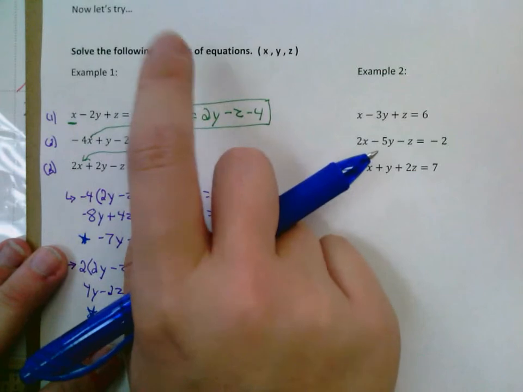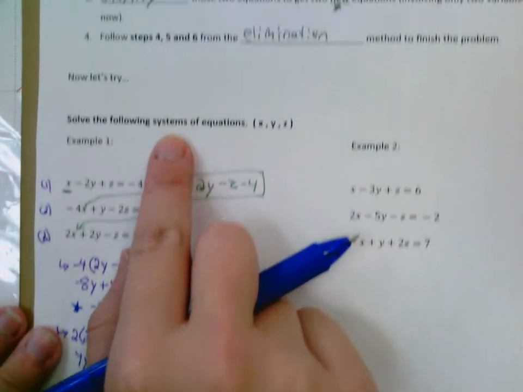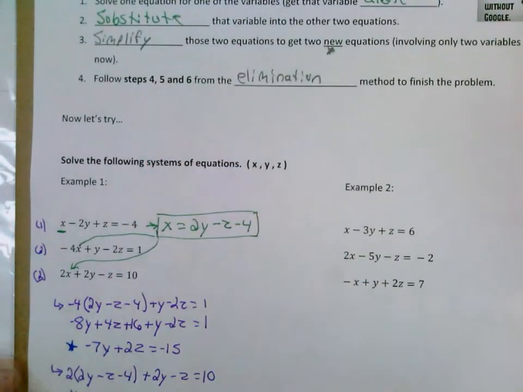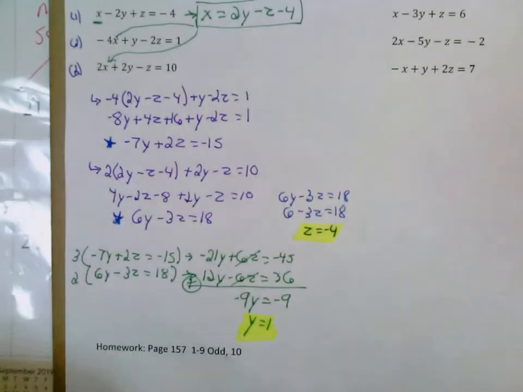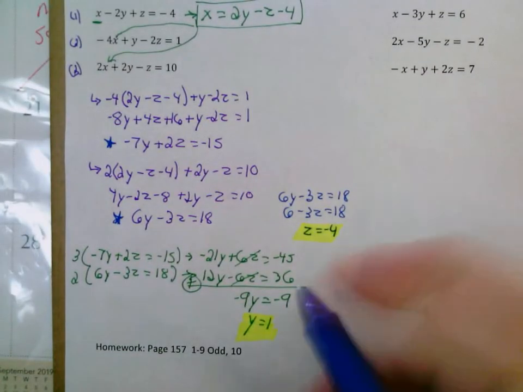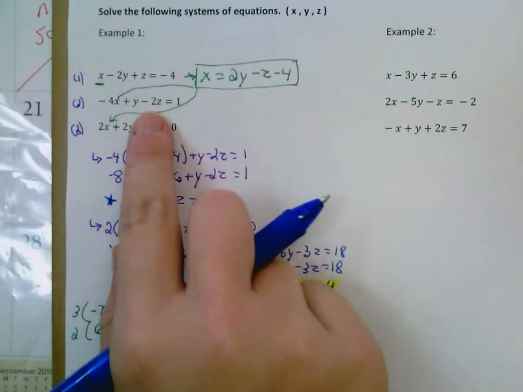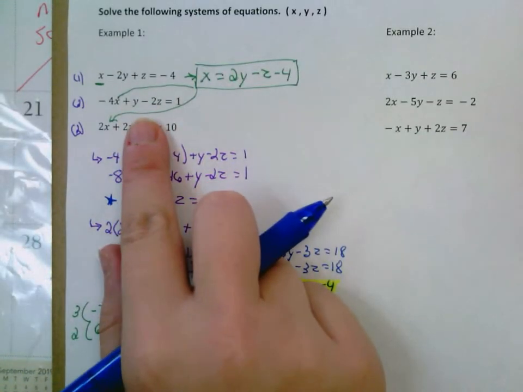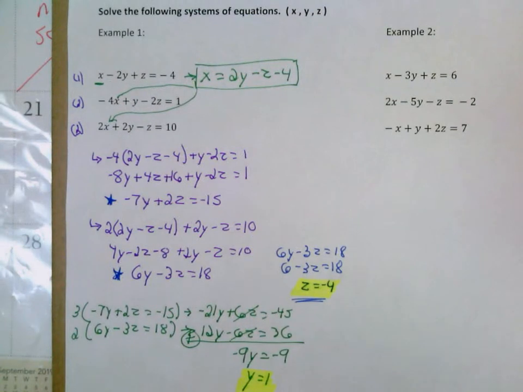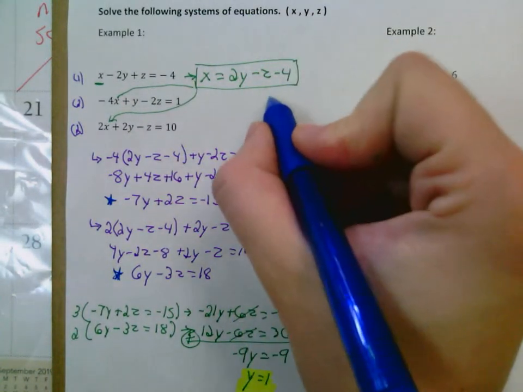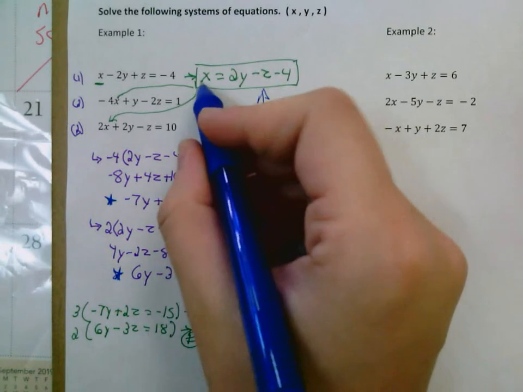So remember, if you go back to the previous page, what is step 6? Remember, we're just following the steps from the previous page. Step 6 says take these 2 values that you just found down here, boom, boom, and plug them into one of your original problems. So it doesn't really matter which one. I'm actually going to go ahead and plug it into here because why not? I'm trying to find x.